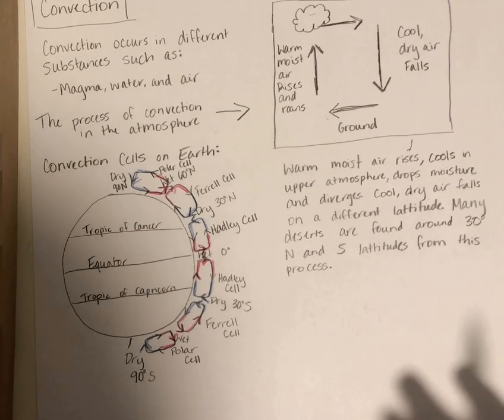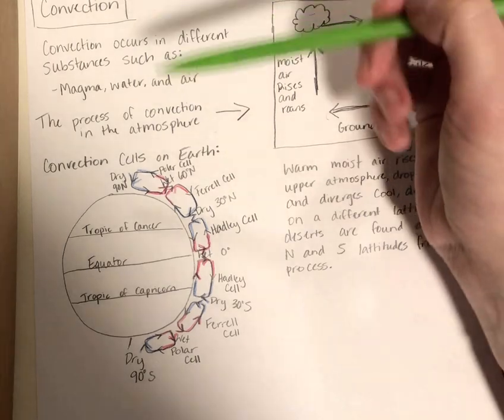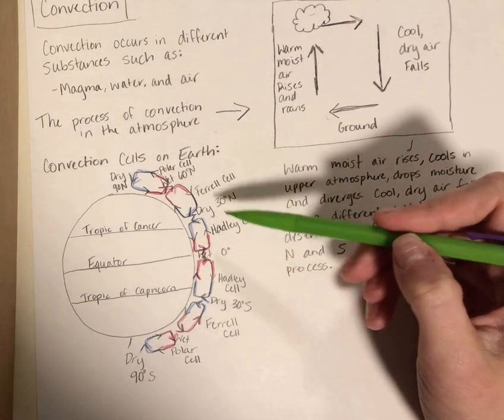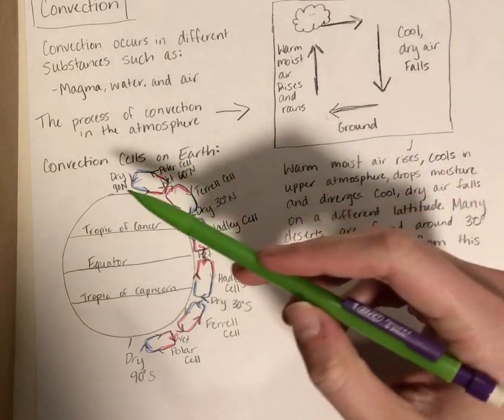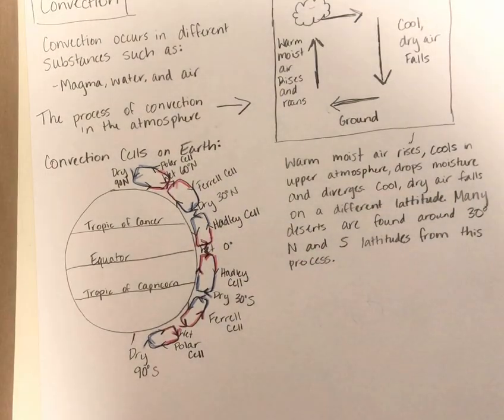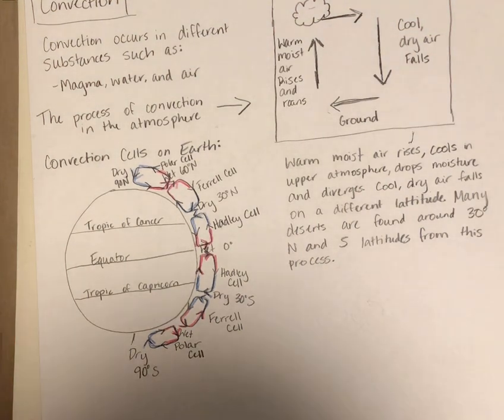Okay, so the reason we're talking about convection with this air, and why hot air is rising and cool air is dropping, and where this is all happening, is because this affects which direction our winds typically blow.